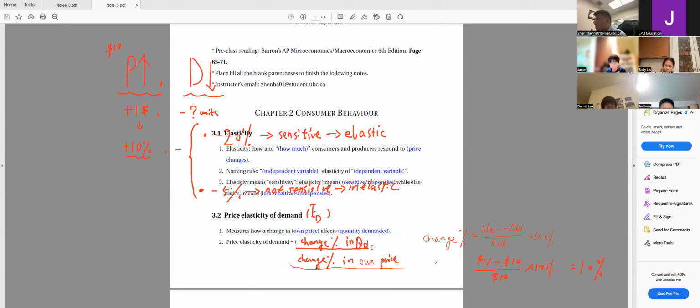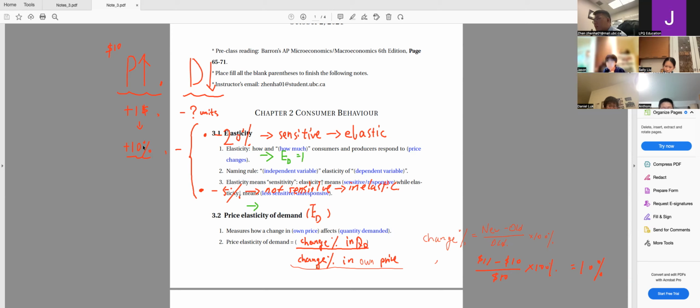Then next step, you just plug in the numbers. I want you guys to calculate the elasticity coefficient for my first example and the second example. So what is ED here?